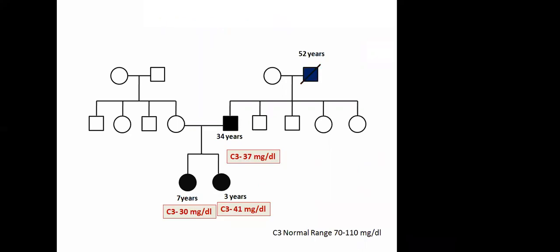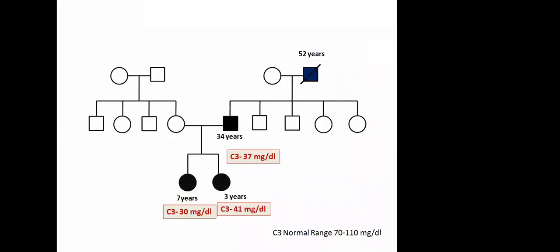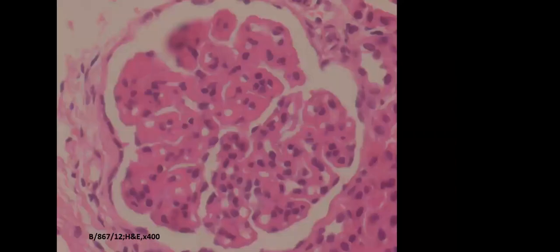So these were the complement levels, which were towards the low side in the father, as well as in the child on whom the biopsy was done. C3 normal range is 70 to 110. So a familial hypocomplementemic kind of GN, familial MPGN, and this process of a disease coming earlier with each generation is called the anticipation phenomenon.